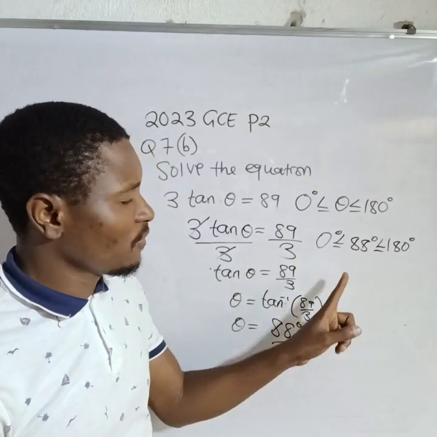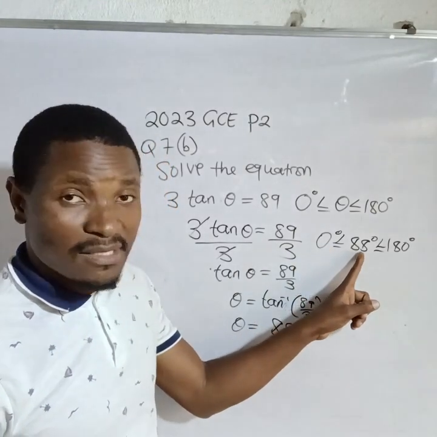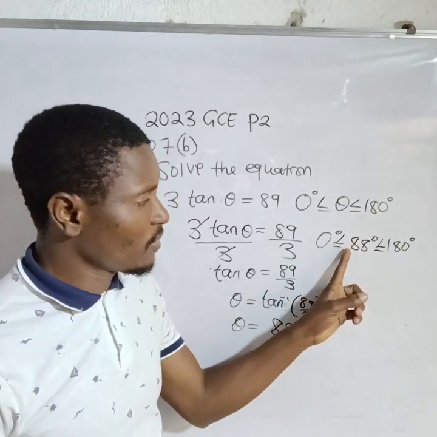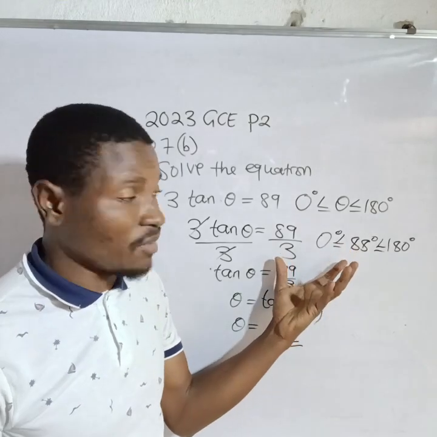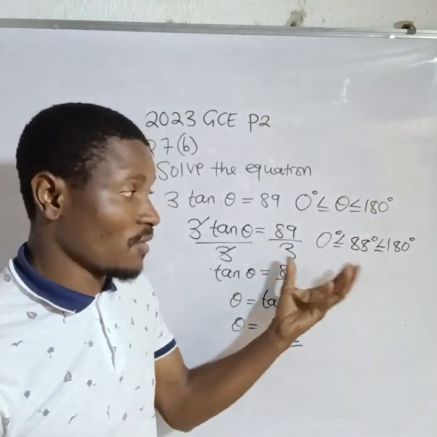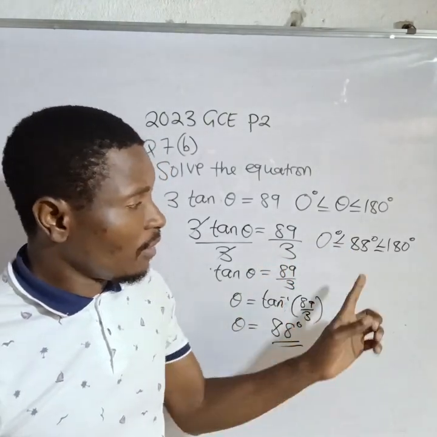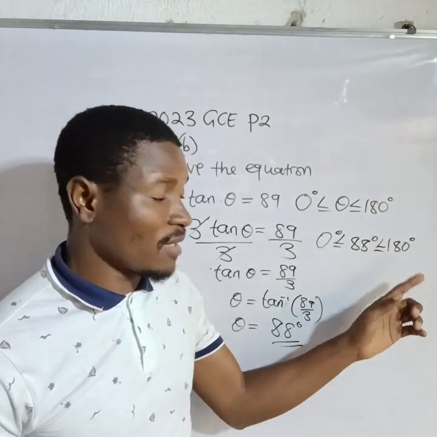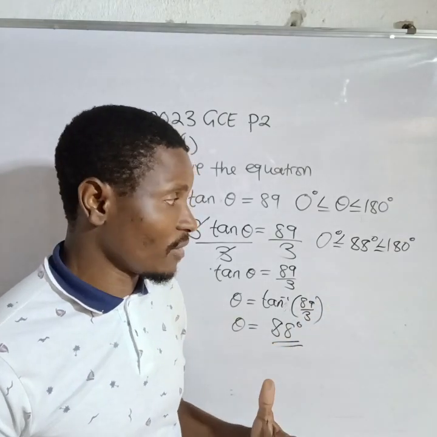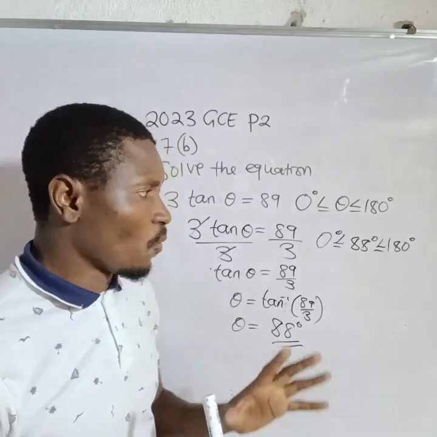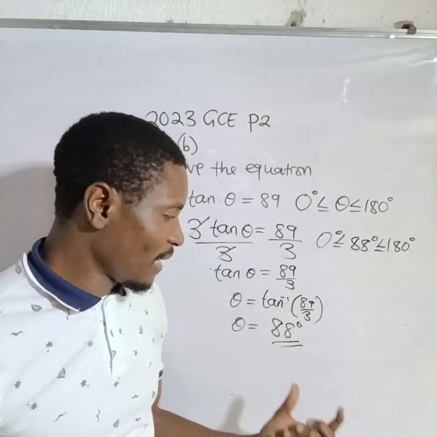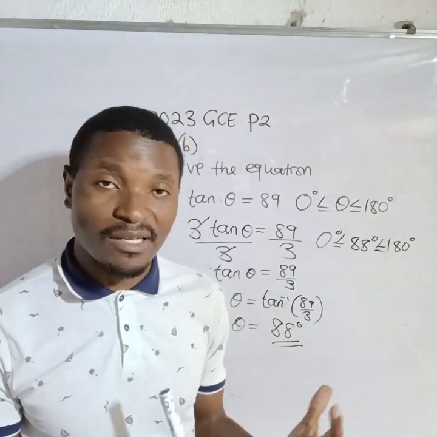You ask yourself, is 88 degrees greater than or equal to 0? Of course, it is greater than. Or 88 is less than or equal to 180. So once you do that, then you know that this is closer to being an answer.